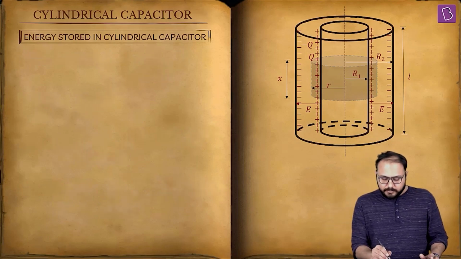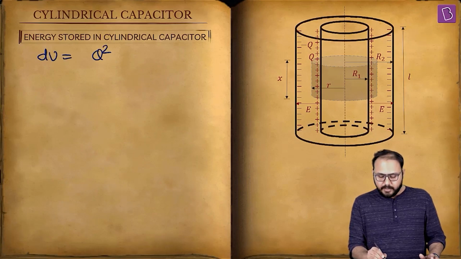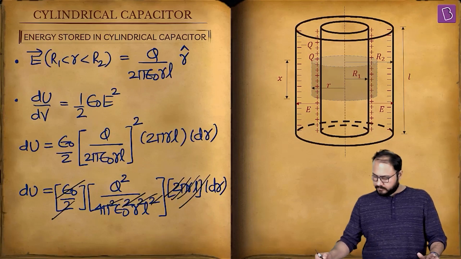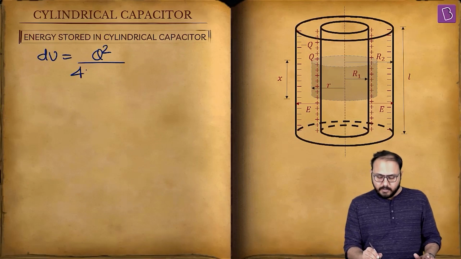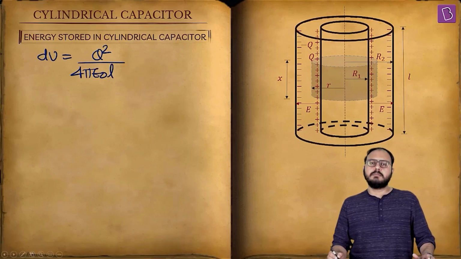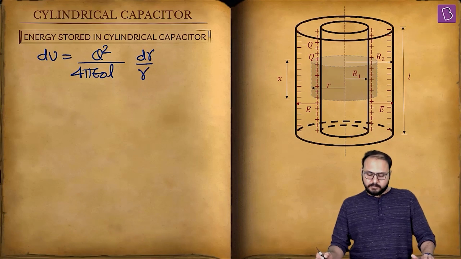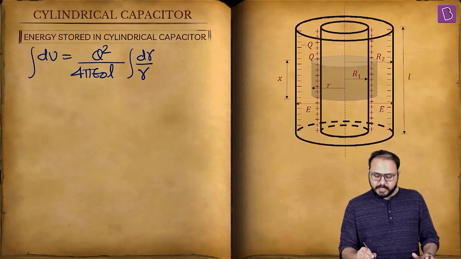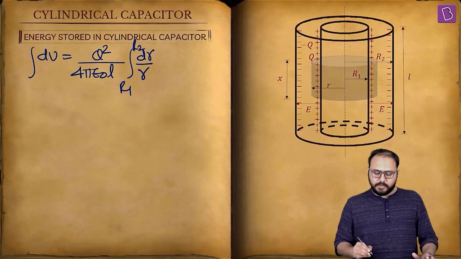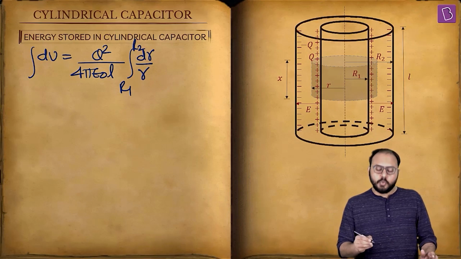Good. So dU turns out to be q square upon 4 pi epsilon naught L, and there is a dr by r situation going on. Got it? Integration r1 to r2, and of course integral dU will be what? U inside. Very good.